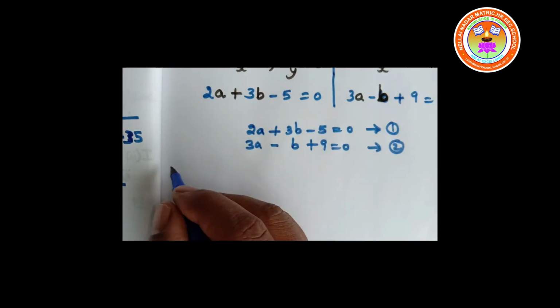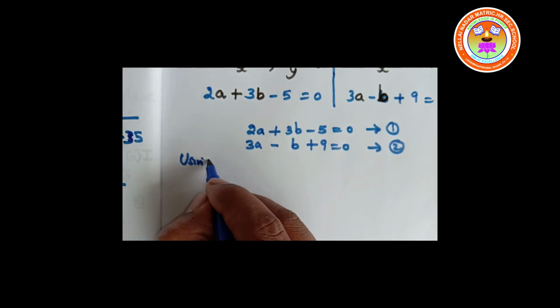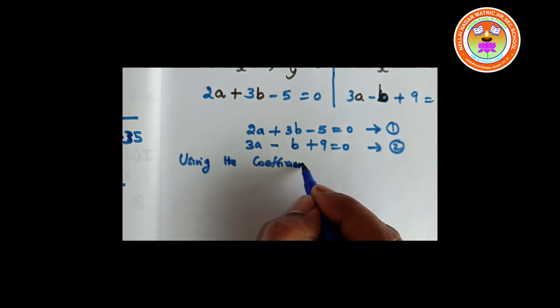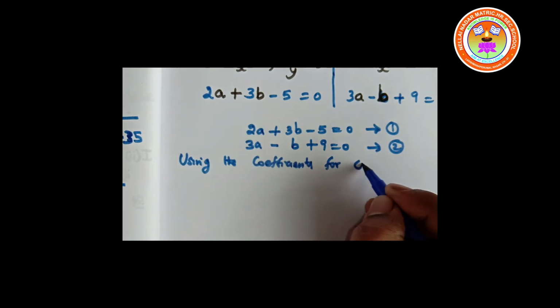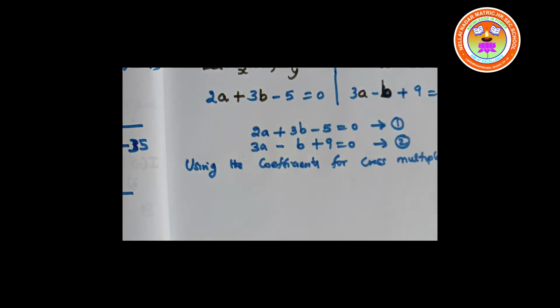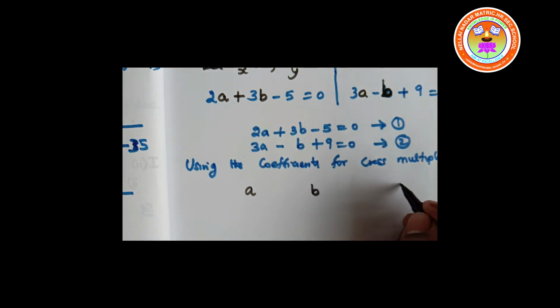Now using the coefficients for cross multiplication. Is it clear, children? Now we're going to take coefficient as a, b and constant as 1.